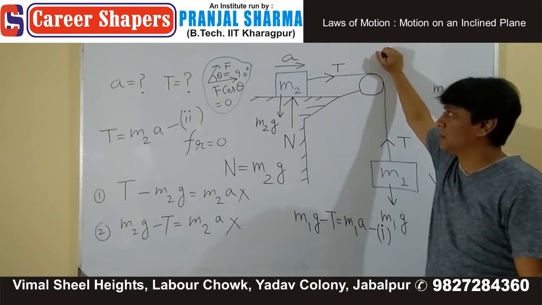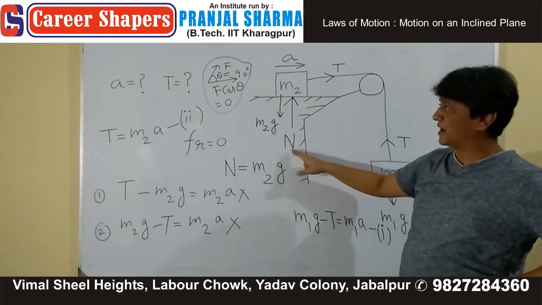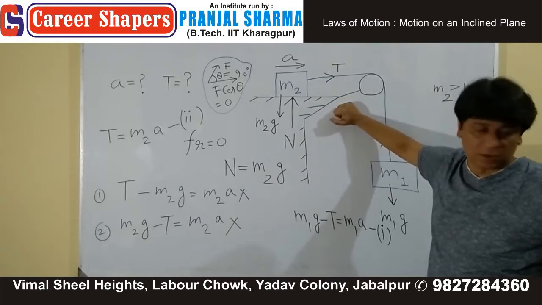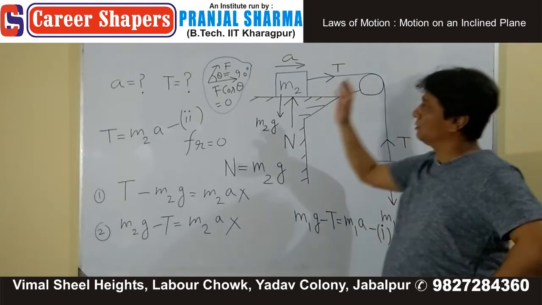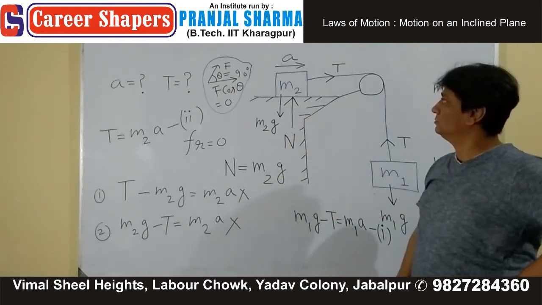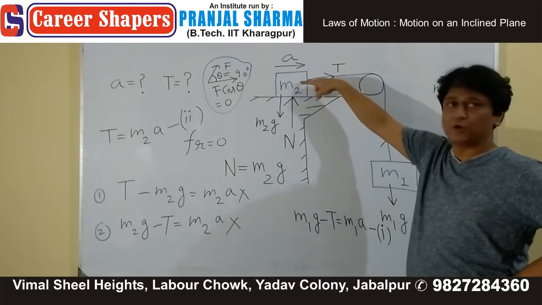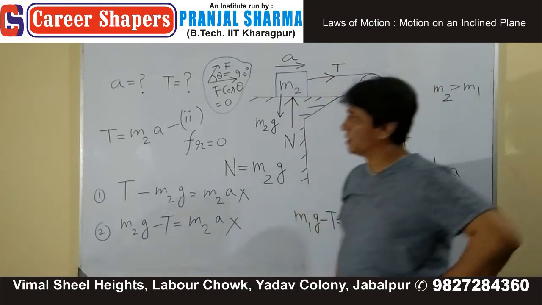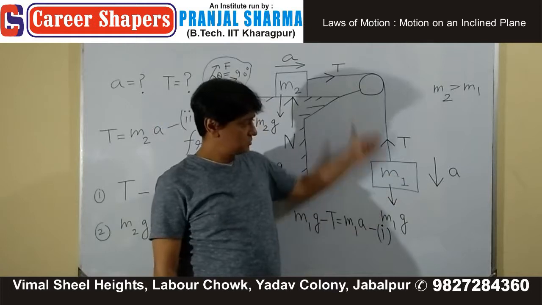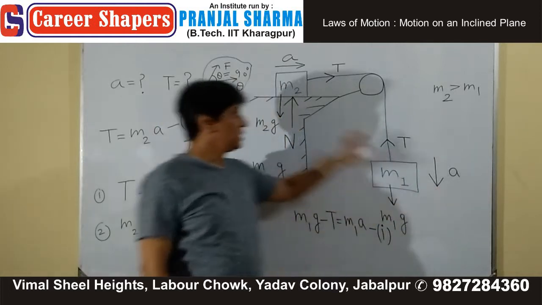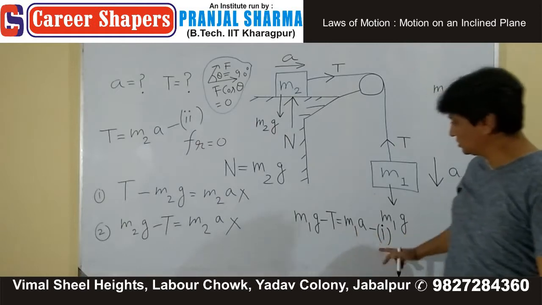Because of this, m2g and normal reaction N cannot participate in the acceleration of m2. वर्टिकल फोर्सेस, वर्टिकल एक्सेलरेशन, यहां पर नहीं करेगा। एक बार इतना किया, क्वेश्चन कंप्लीट है.